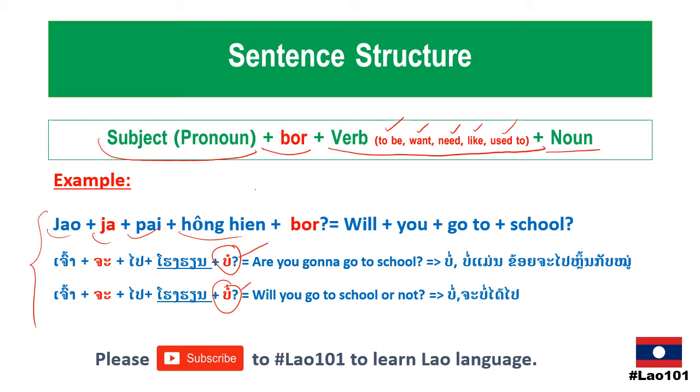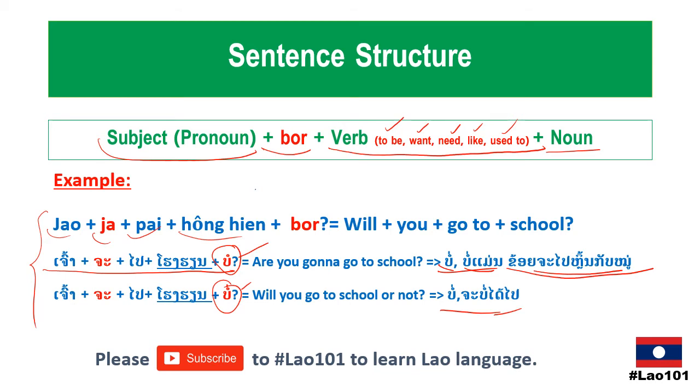By observing the tone in the conversation you will be able to identify which way of saying no it is. เจ้าจะไปโรงเรียนบ่ means a clarification about whether you're going to school. And if you're not going to school, บ่แม่น ข่อยจะไปเล่นกับหมู่. No, it's not right. I'm going out with friends.